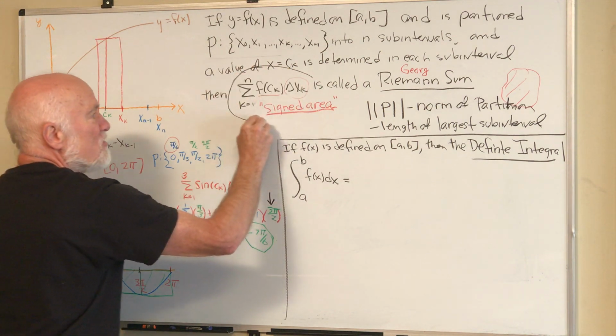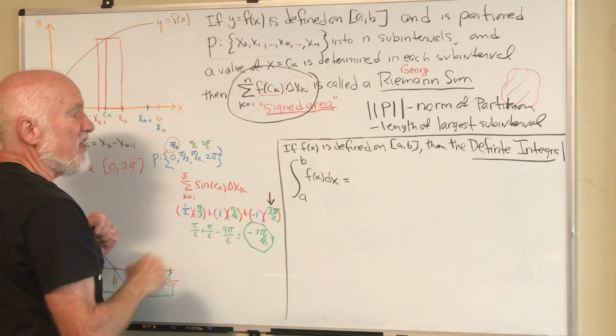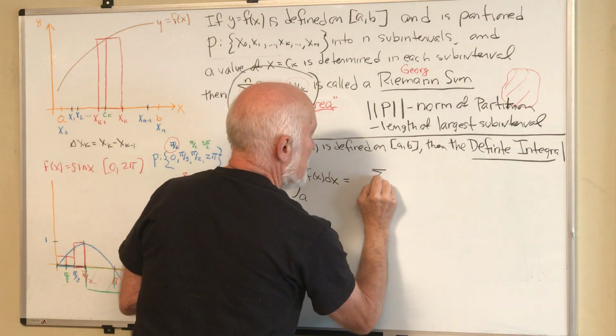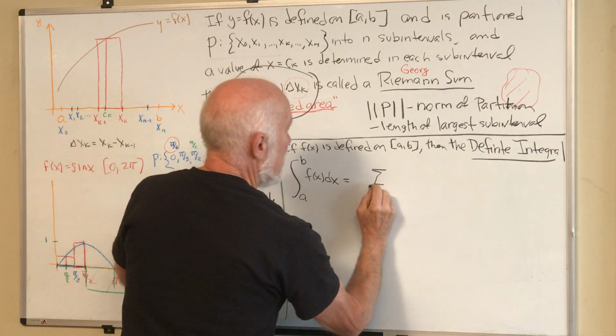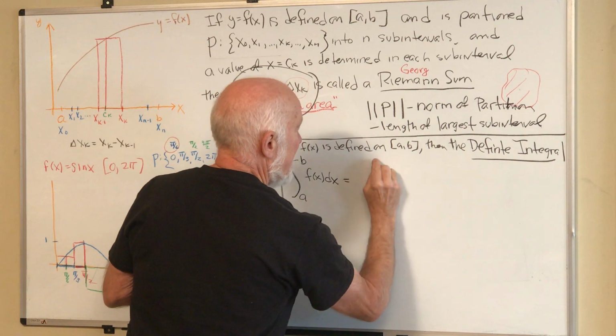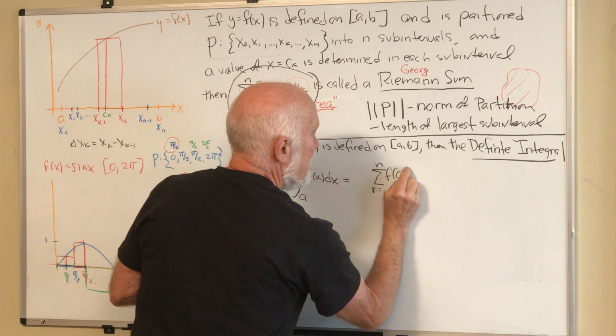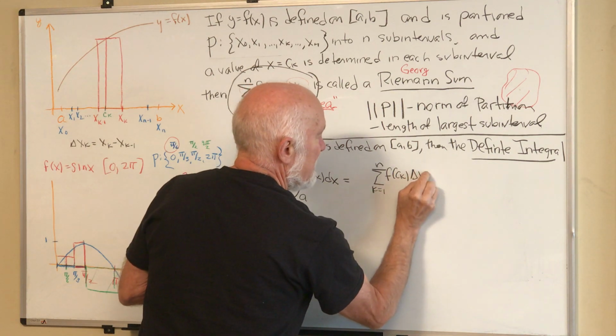Try not to make this too difficult. It looks just like what we just learned. It's the summation from k equals 1 to n of f of c sub k delta x sub k.